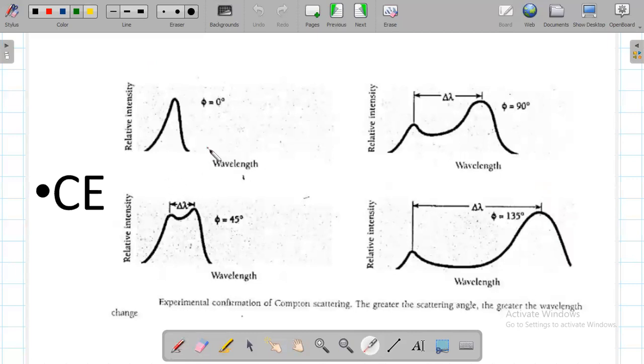Then also show that for 0 degree scattering angle you will get only one peak. After increasing the scattering angle from 0 to 45, 90 and 135, the greater the scattering angle, the greater the wavelength of the scattered radiation.